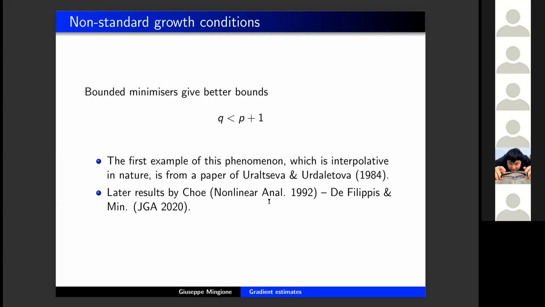So for instance, the boundedness of the minimizer is not very difficult to prove in certain settings, because it comes from maximum principles, especially in the scalar case, but also in the vectorial one, where you get a maximum modulus principle. So these are examples of how you can improve it.